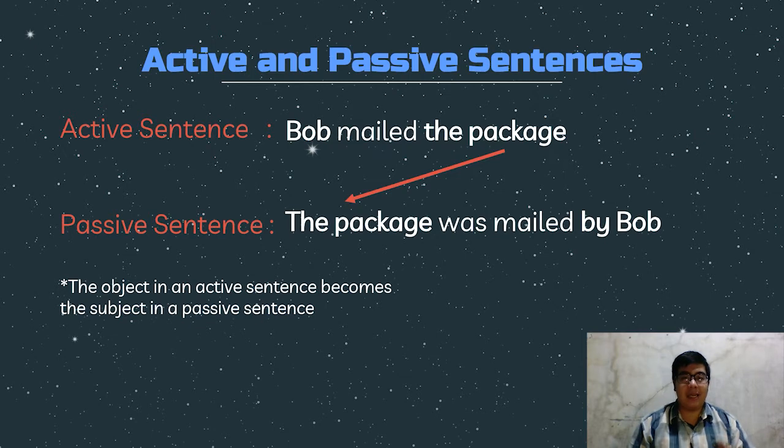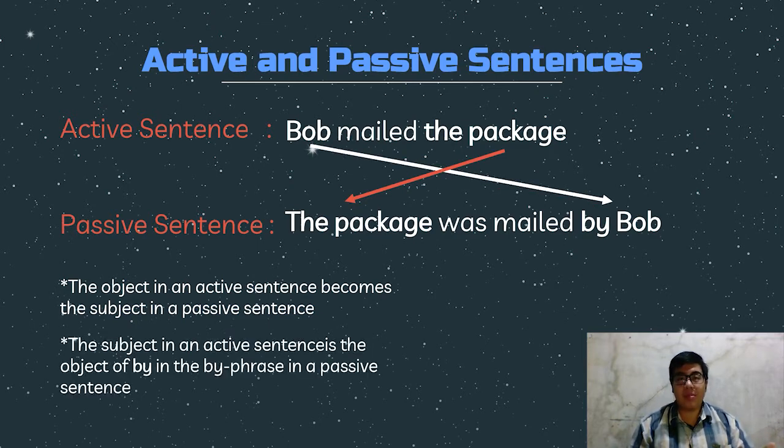We can see there, the object in the active changes to the subject in the passive sentence, and the subject in the active sentence changes to the object in the passive sentence.